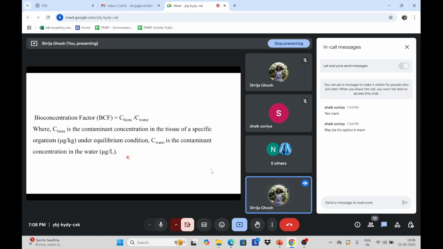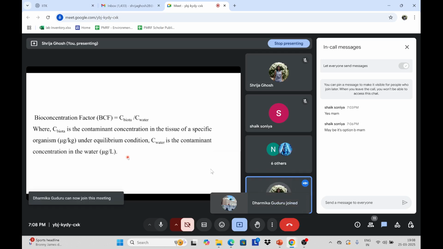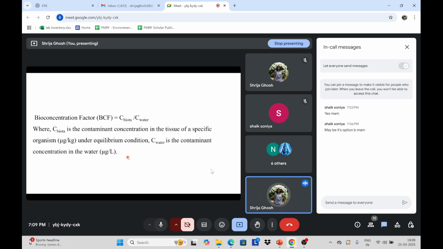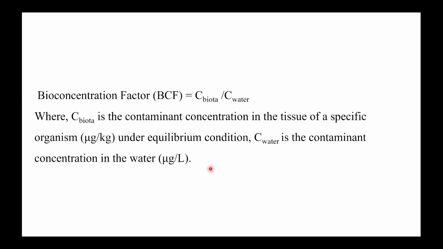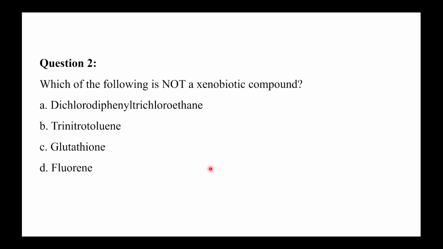We need to determine this factor for every chemical compound, so that we can determine whether that particular chemical compound is safe or not. Okay, that's clear to everyone. If you have any doubt in this, write it in the chat box, or you can unmute and ask. Hope that's clear to everyone. I'll move on to the next question.